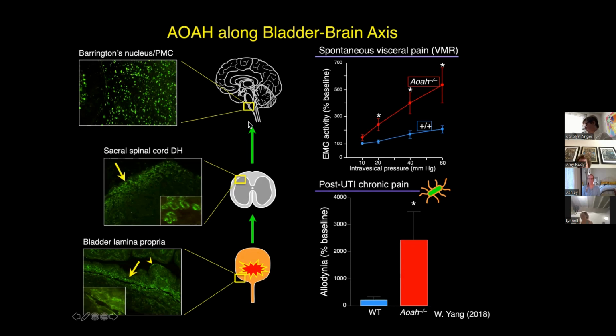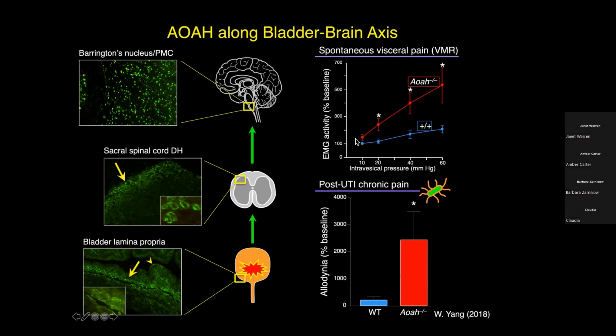An example of the role that this can play in pelvic pain is shown over here in a couple pieces of data. Here is that VMR. We're measuring the response to increasing pressure in the bladder of normal mice. And our mice lacking this AOAH gene are very sensitive to this. They have a much greater response. So their bladder is hypersensitive.